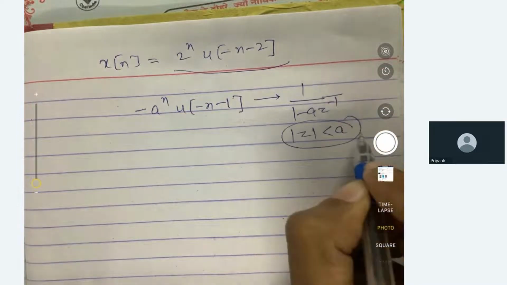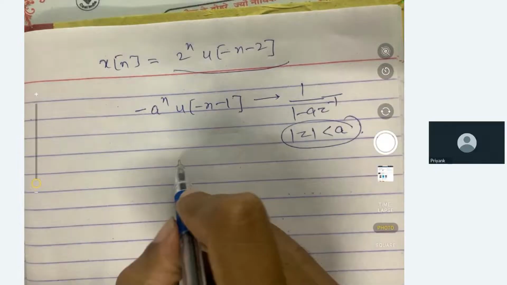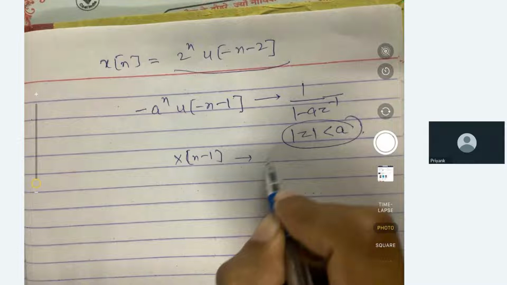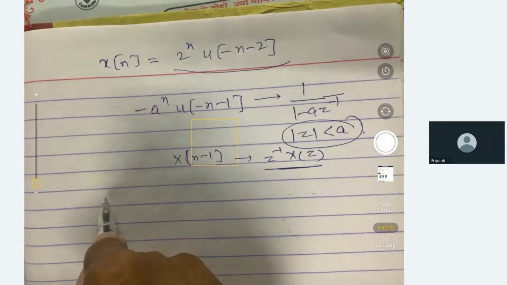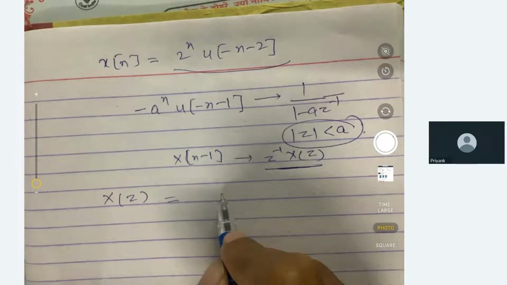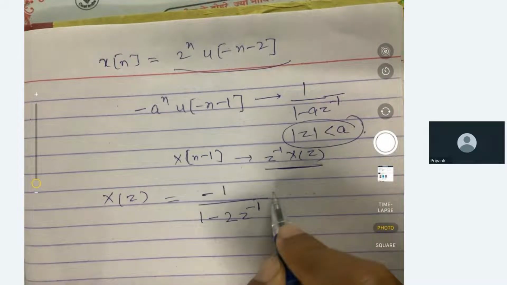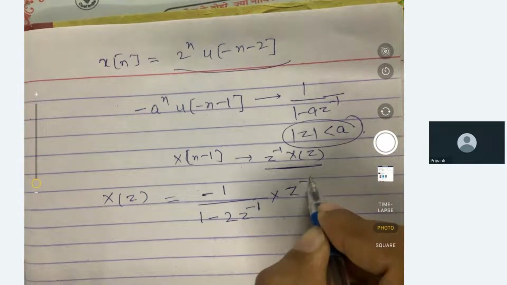We also know the shift property: x of n minus 1 corresponds to z inverse X(z). Accordingly, we can find X(z) is equal to minus 1 upon 2 raised to the power Z inverse into Z inverse.